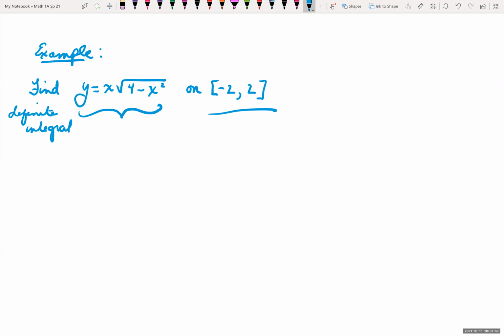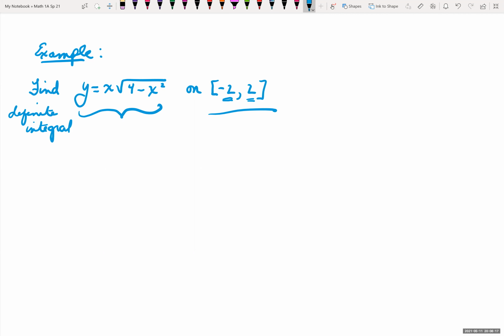If we want to use that fact, we can look and see if this is an even or an odd function, because these values here, -2 to 2, are symmetrical across the y-axis.